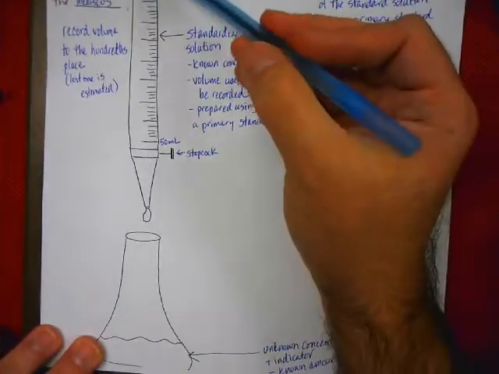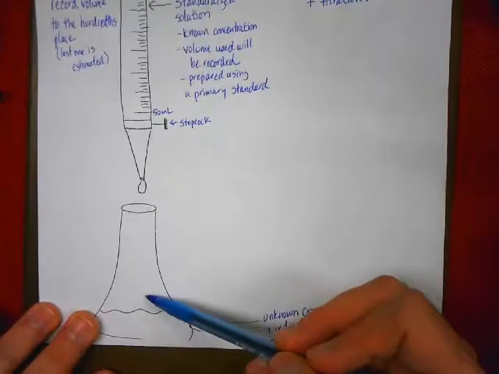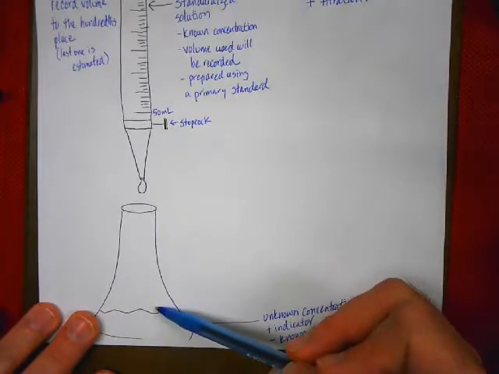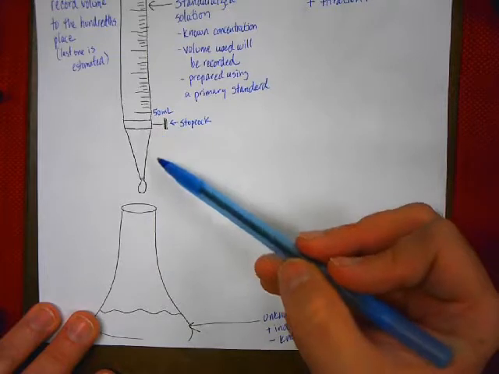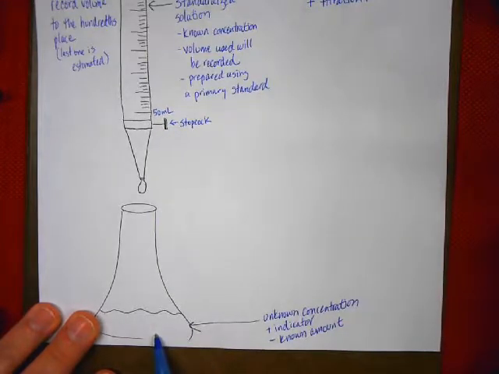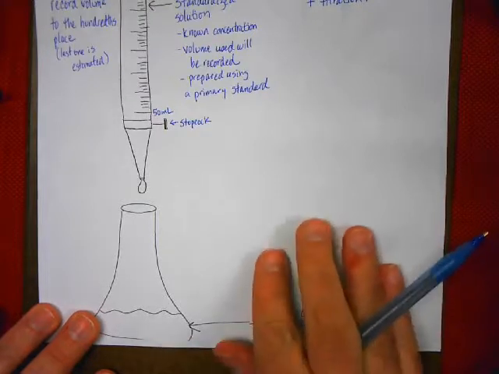So when we add this substance into our flask, it's going to react with our primary standard, and once all the primary standard is used up, it's going to turn a specific color. And the demonstration by the learning facilitator will demonstrate what this looks like.